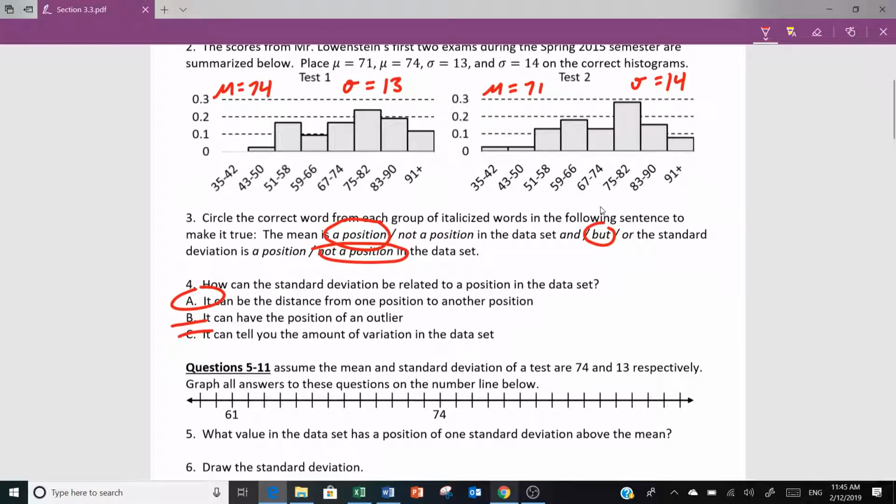Yeah. 1, 2, 3, 4, 6, 7. Okay. By 1 standard deviation above, we mean the distance from the mean to that value. The standard deviation is 13, so all we're going to do is count 13 after 74. So 1, 2, 3, 4, 5, 6, 7, 8, 9, 10, 11, 12, 13.